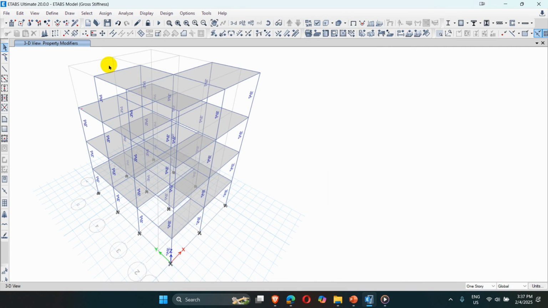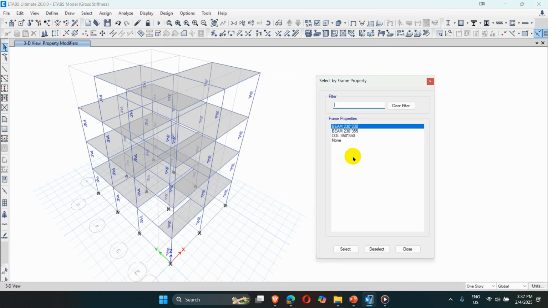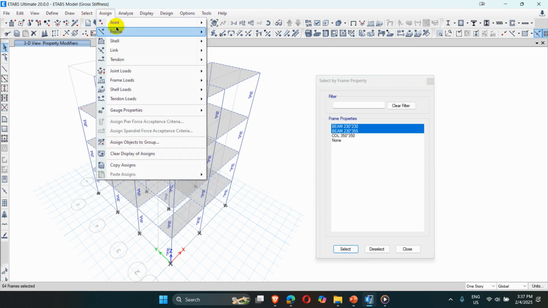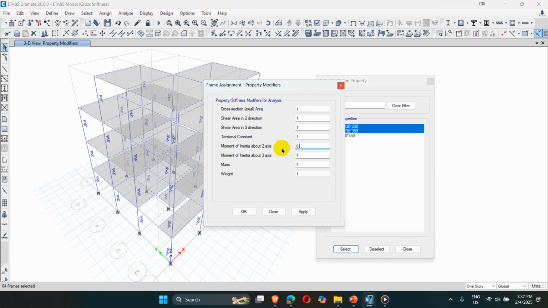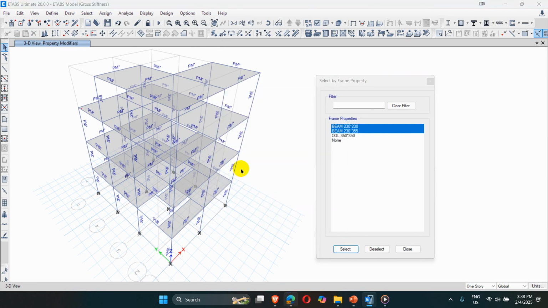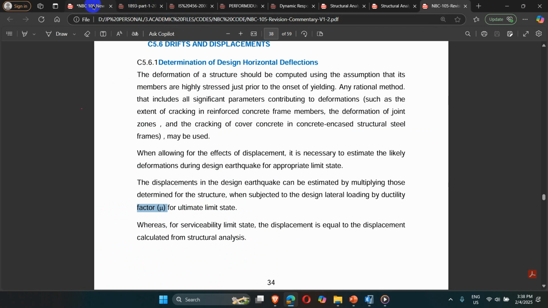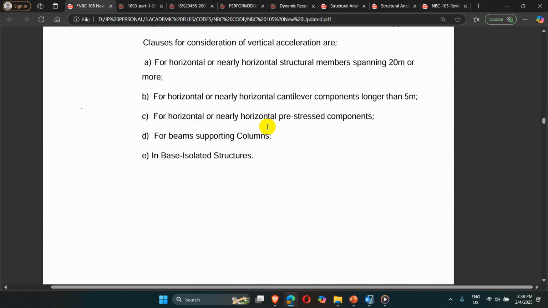Okay, so again I select beams, go to assign frame, property modifier, 0.35 along two axis and 0.35 along y axis, three axis, which is indicated here in NBC 105 2020.